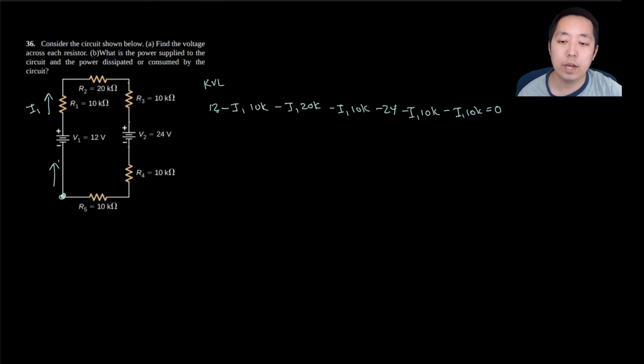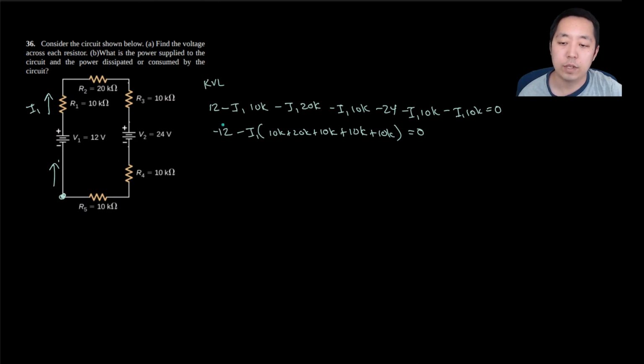So if I combine all the I1s and the constants, the 12 minus 24 is a constant, so that's minus 12. And then I have minus I1 times 10k plus 20k, plus 10k, plus 10k, plus 10k, equals 0. So this is 10, 20, 30, 40, 50, 60, it's 60k.